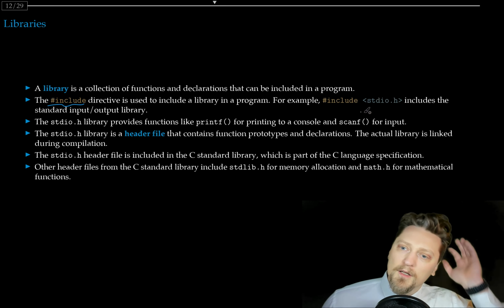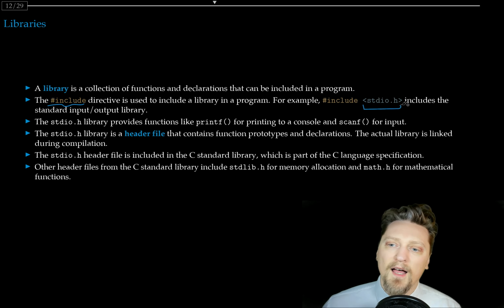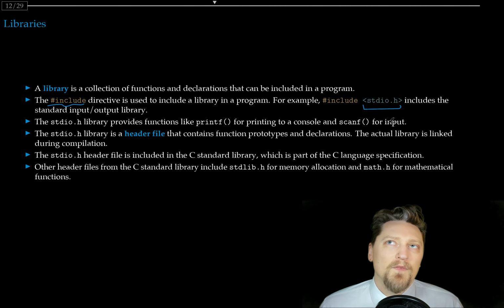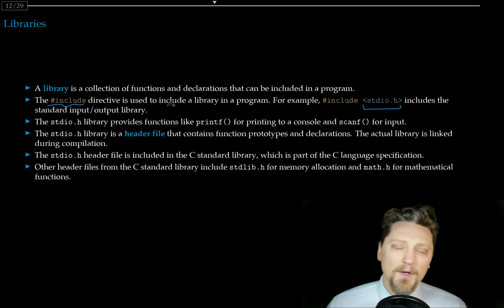For example, #include <stdio.h> includes the standard input-output library, which is included in 99% of C programs. It's a very, very common standard library to bring in. The stdio.h library provides functions like printf for printing to a console and scanf for input.